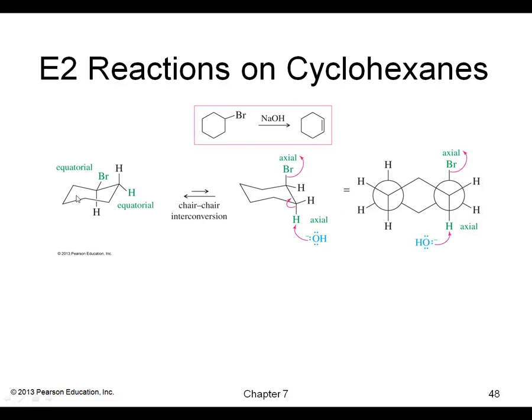Here are E2 reactions on cyclohexanes. The key thing here on cyclohexanes is that my beta hydrogen must be axial and my halogen leaving group must be axial, so it follows this coplanar geometry. And so after this attack I can get a double bond forming right here.